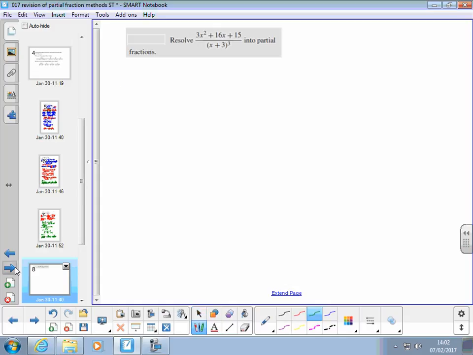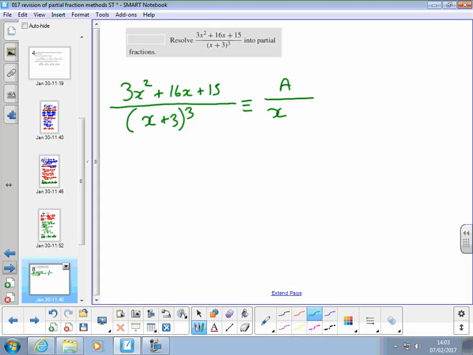You can say that (3x² + 16x + 15) over (x + 3) cubed is equivalent to A over (x + 3) plus B over (x + 3) squared plus C over (x + 3) cubed.